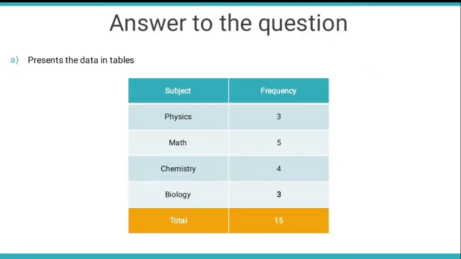And then because in Mia class there are 15 students, the students who like biology equal 15 minus (3 plus 5 plus 4) equals 15 minus 12 equals 3. So, the students who like biology have 3 frequency.